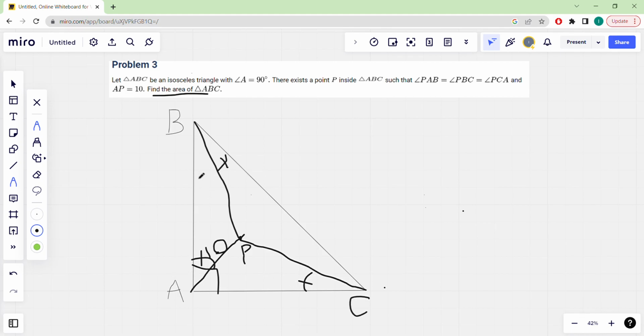And we also know, since this is 90 degrees, and this is isosceles, that these two angles, this angle and this angle, are going to be 45 degrees.